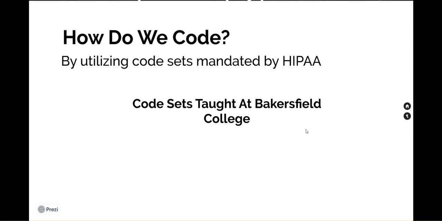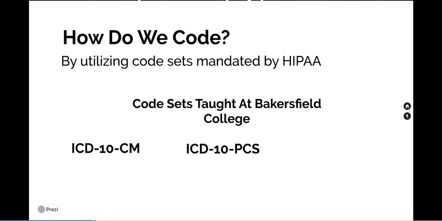But the code sets that are going to be taught here at Bakersfield College and at most health information technology programs are going to be the big three code sets. And those code sets are ICD-10-CM, ICD-10-PCS, and CPT. ICD-10-CM is known as the International Classification of Diseases, the 10th revision, clinical modifications.